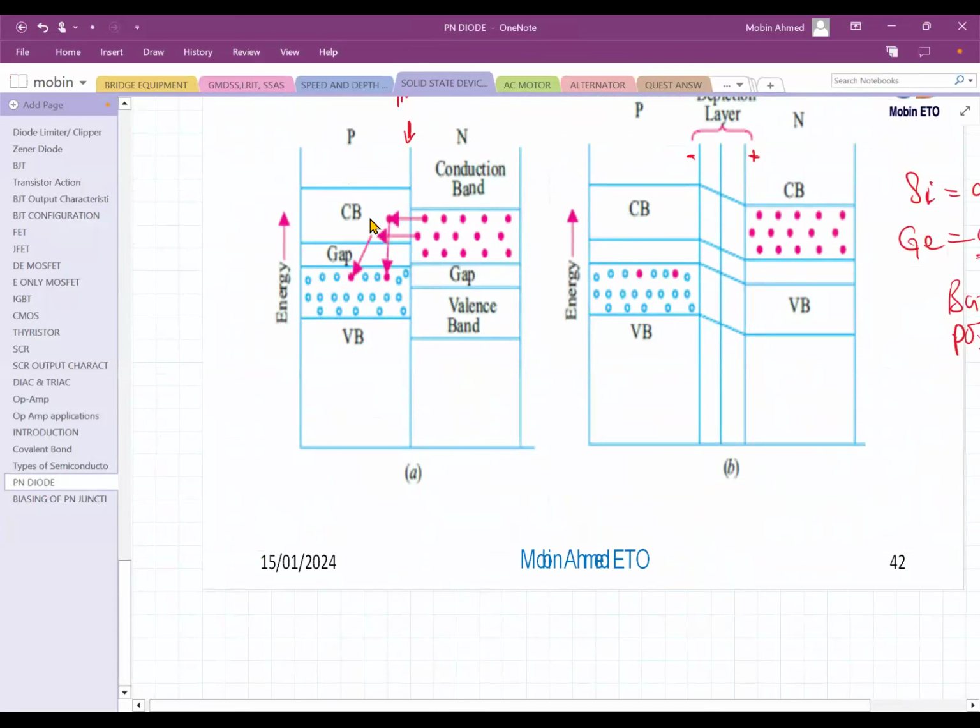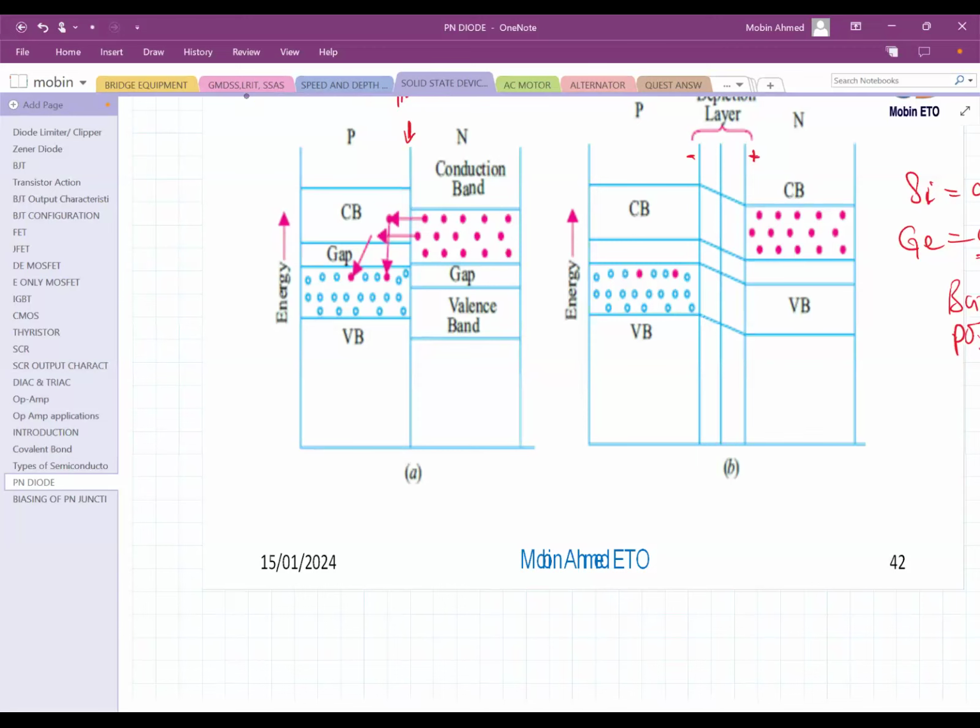So here the minority carrier, in the P type we have the minority carrier. They are able to fall to the valence band here. So they are a minority carrier, and they are going to fall.